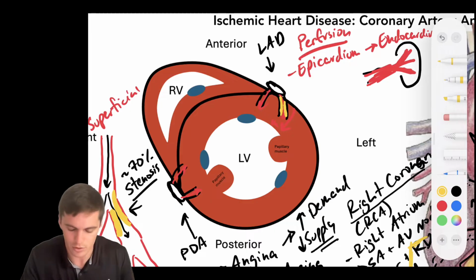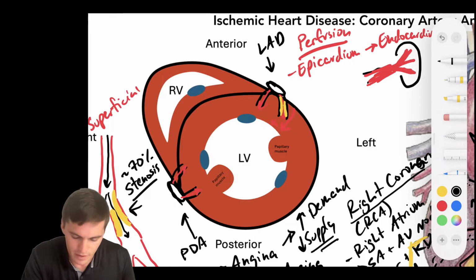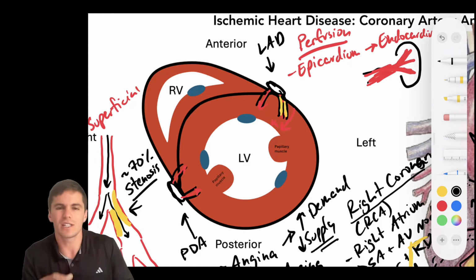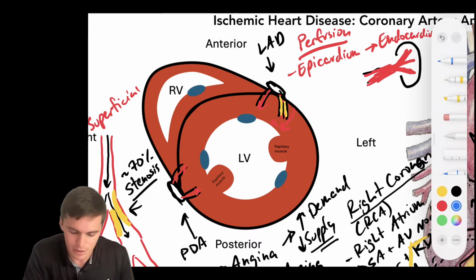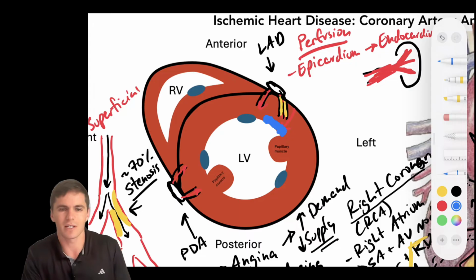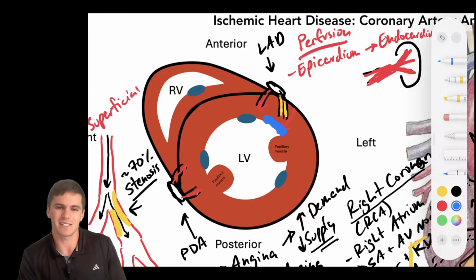It gets so stenosed that when the blood is trying to flow through, it is so limited that the blood flow can't reach the deepest part of the myocardium. And so you end up getting damage to that myocardium. At the deepest layers, the blue represents a portion of the myocardium that is ischemic.